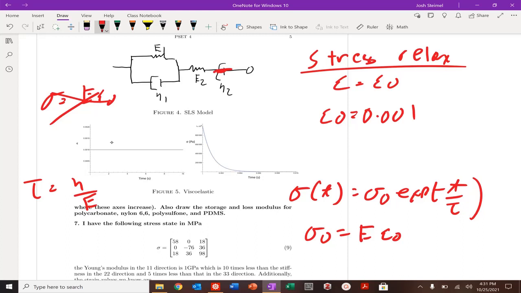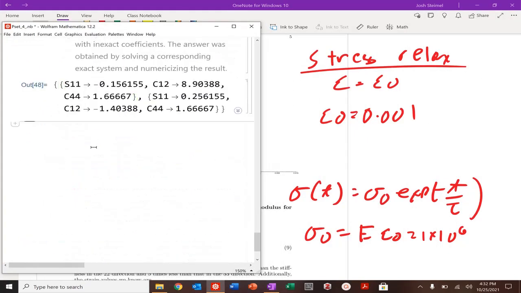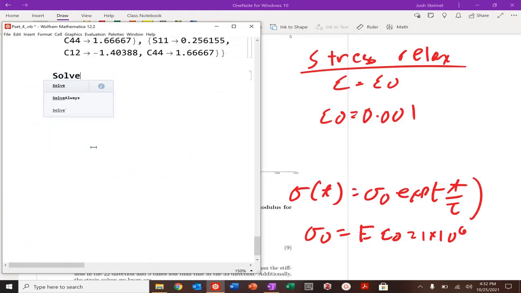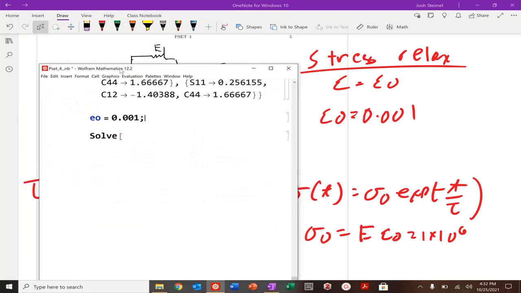So if I look at time t equals 0, my sigma naught is just going to be this. So I see my sigma naught is equal to 1 times 10 to the 6 pascals. Now I can start solving for some of these unknown values. My epsilon naught is equal to 0.001. I believe that is correct. Yes, it is.